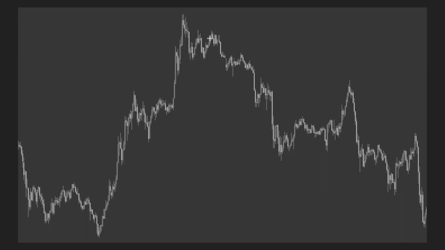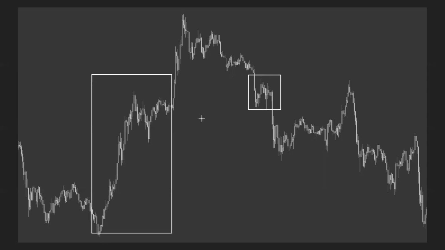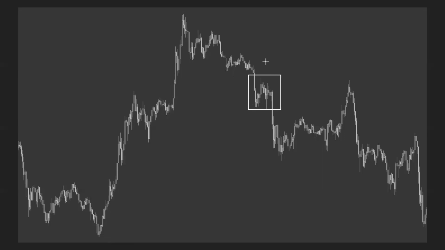And once that breaks, this structure right here is what I'm looking for. The failure to return in the direction of the prior trend, okay? The FTR. So price breaks this flag limit.